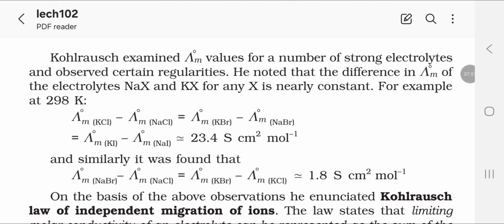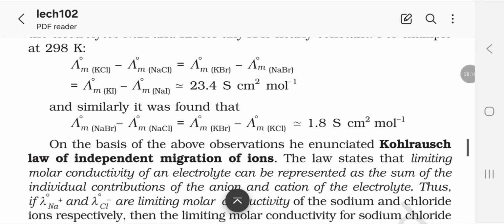For example, at 298 Kelvin, lambda m naught KCl minus lambda m naught NaCl is equal to lambda m naught KBr minus lambda m naught NaBr, equal to lambda m naught KI minus lambda m naught NaI, equal to 23.4, and similarly it was found that lambda naught NaBr minus lambda naught NaCl equals lambda naught KBr minus lambda naught KCl, approximately 1.8 Siemens centimeter square per mole.